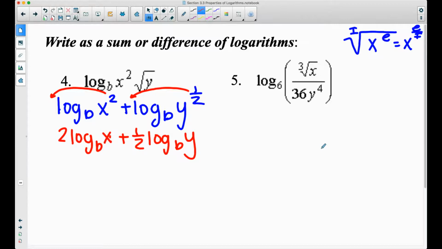So I do not have anything being multiplied, I have nothing being divided, and I don't have any more exponents, so I'm done. Go ahead and try the next one.